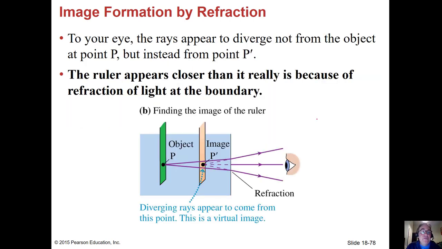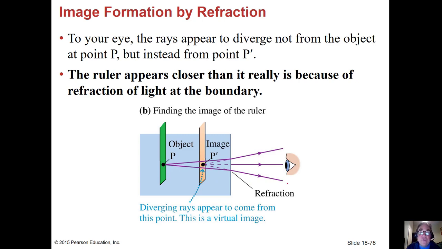Okay, so to your eye, the rays appear to diverge not from the object at point P, but instead from point P prime. So you can take a look at this. Here's the object. This is the actual object. The ray of light comes this way and then bends here. Here's light, again, this ray from the actual object, and hits the interface between this material and over here, and the light bends.